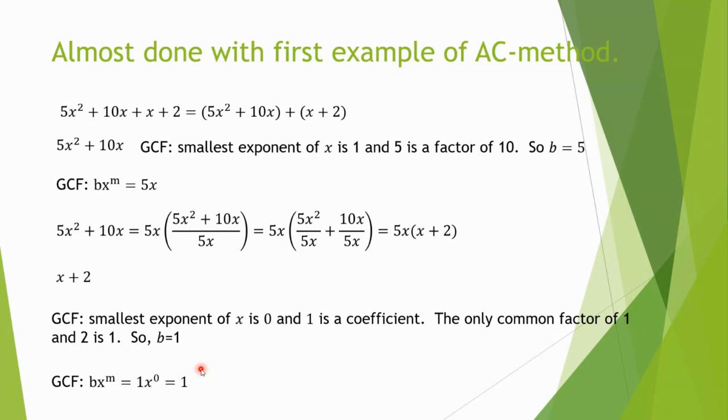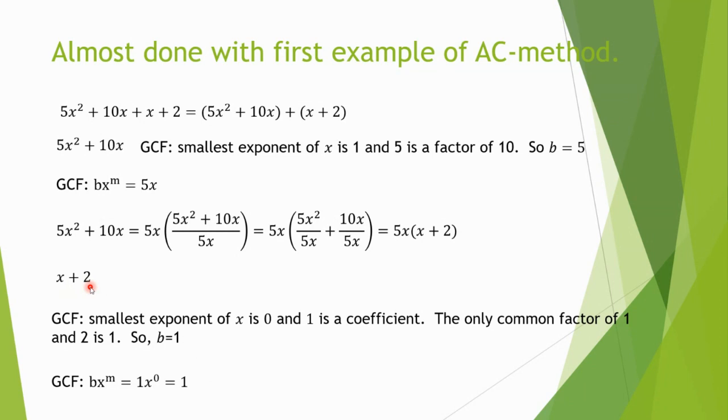In other words, the greatest common factor in x plus 2 is just 1. There's a non-zero constant term. You can't factor x out. The only common factor of the leading coefficient 1 and 2 is 1. So for x plus 2, there's nothing we can do.